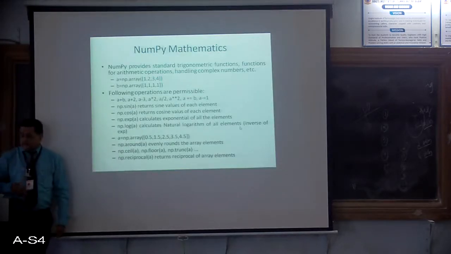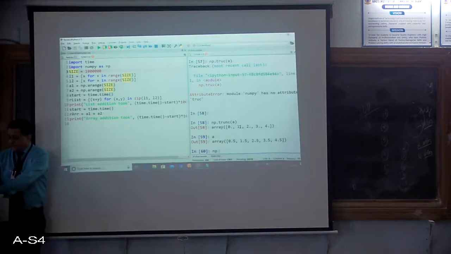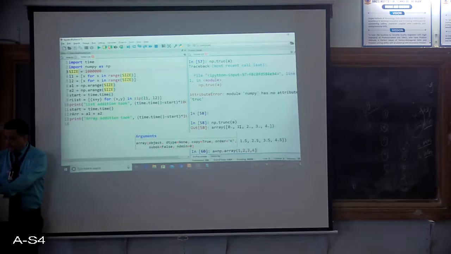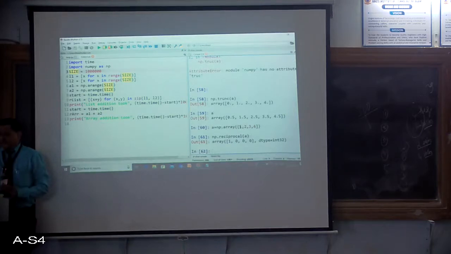Reciprocal, which will give me the reciprocal of array elements. Let us create an array a equal to np dot array 1, 2, 3, 4. np dot reciprocal of a gives me 1, 0, 0, 0. That is, 1 by 1 is 1, 1 by 2 is 0, 1 by 3 is 0, because the elements are integers, so it performs integer division.